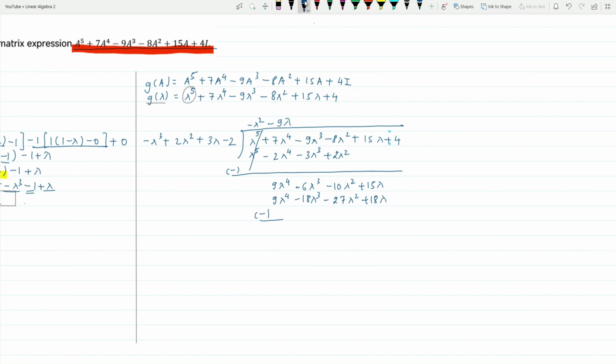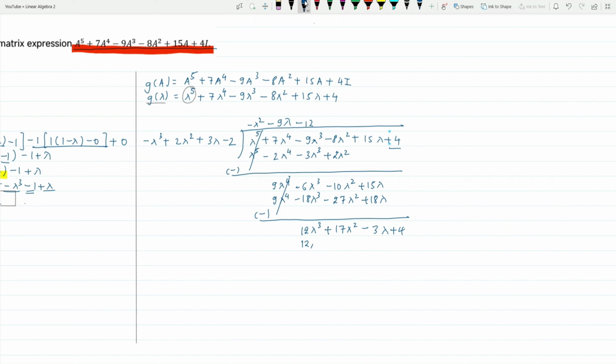Again, subtracting gives us, we get rid of lambda raised to 4 term. Here we are going to have 12 lambda cube plus 17 lambda square minus 3 lambda. And lastly, we will get the plus 4 down. The next coefficient is going to be minus 12.